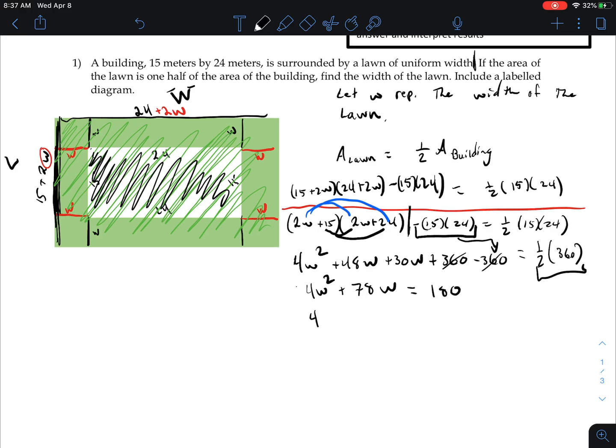And then I'm just going to bring the 180 over. 4w squared plus 78w minus 180 is equal to 0.